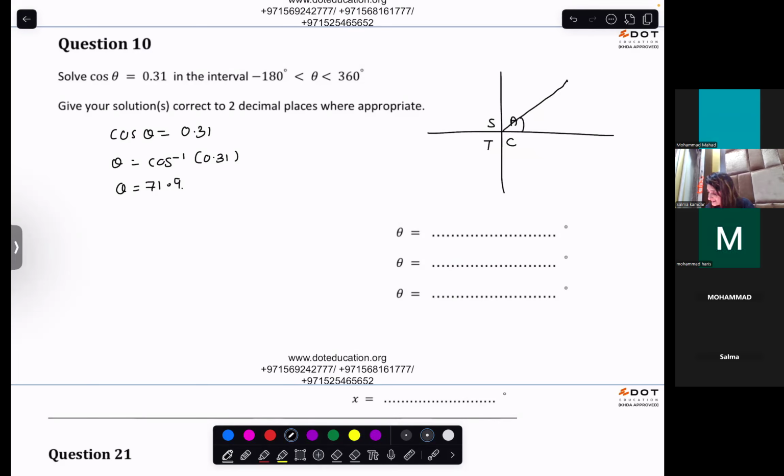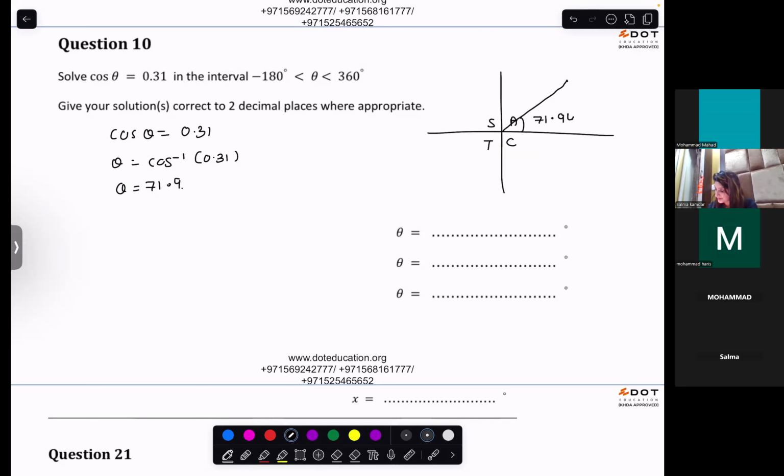So my theta is 71.9. Correct to 2 decimal places, whatever, let it be. It's okay for approximately. Give me the second value, 71.94, right?